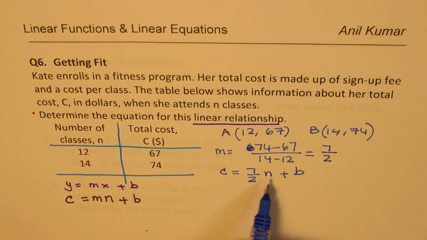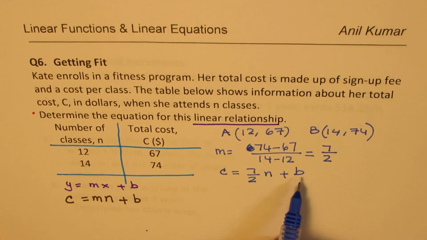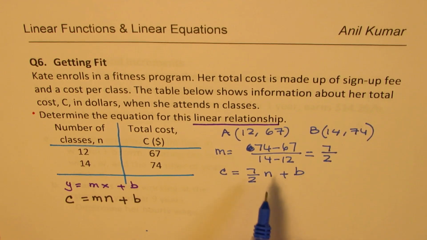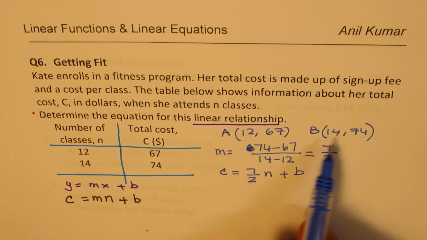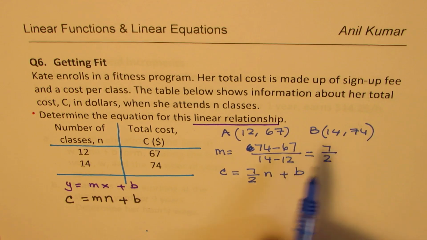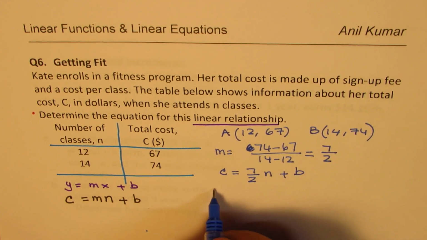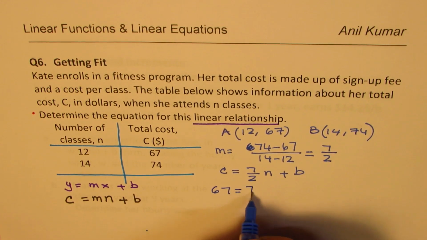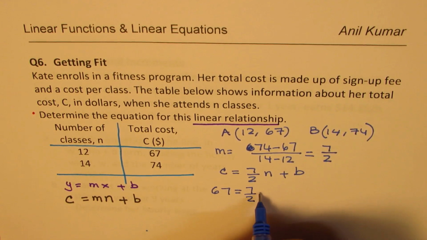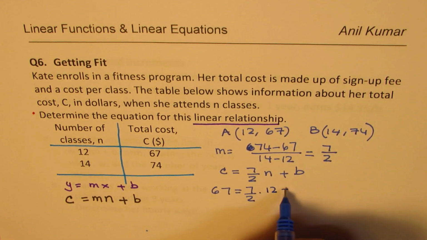Now to find the value of b, what can you do? You have to select one of these points. So any one of them can be selected, right? So let's take 12 and 67. 67 is the cost. So we write 67 equals 7 over 2 times 12 plus b, right?